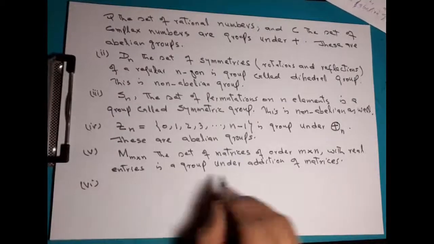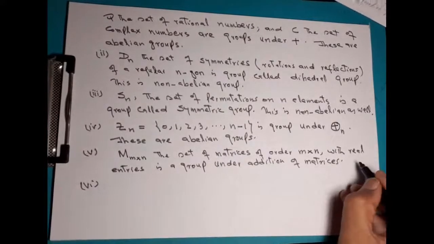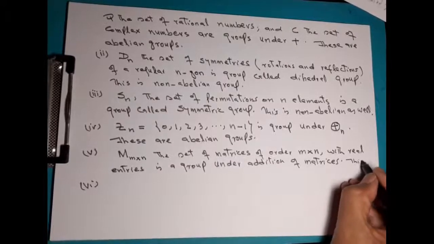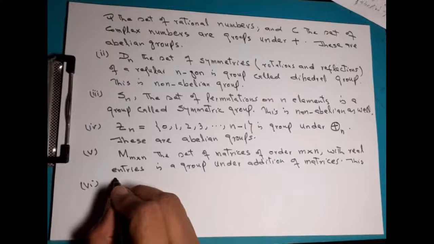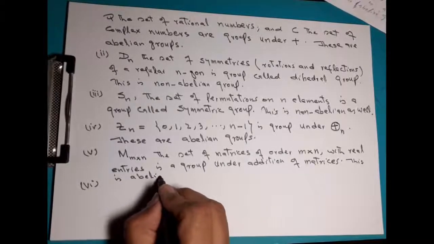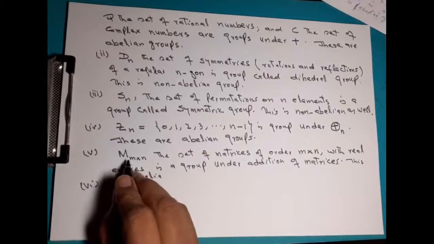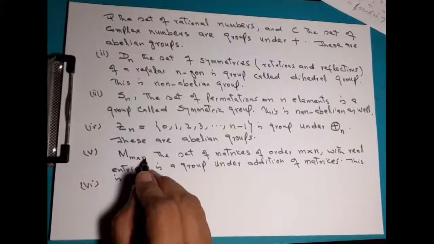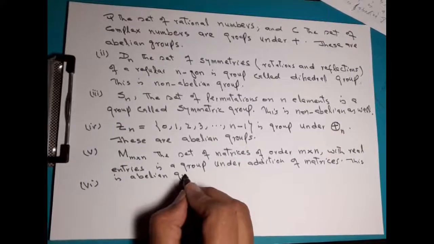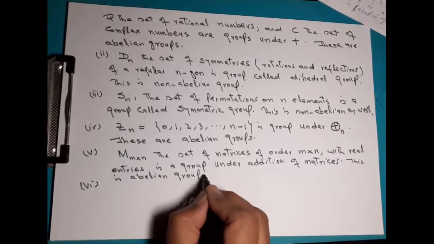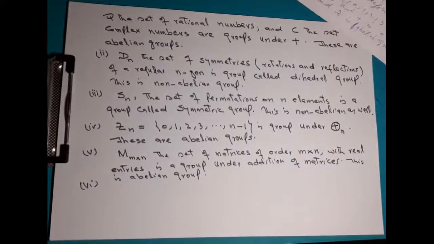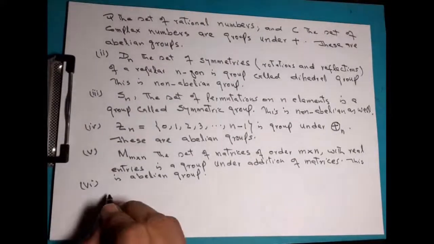So before going to next example, let's note that the group we have discussed, m cross n under addition, is an abelian group. The next we are going to discuss is not abelian. So let's discuss the next group, Mn.